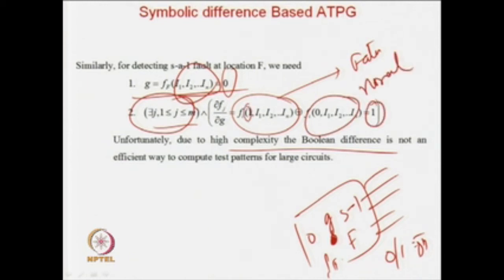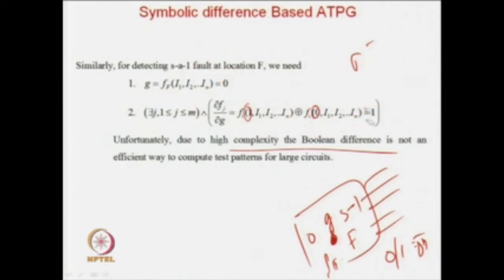Why? Because this g is 1 here and this g is 0 over here, and these controls are the primary inputs. Now, which combination of variables will satisfy the equation? All combinations of I1 to In which satisfy this equation will be a test pattern for that stuck-at-1 fault.